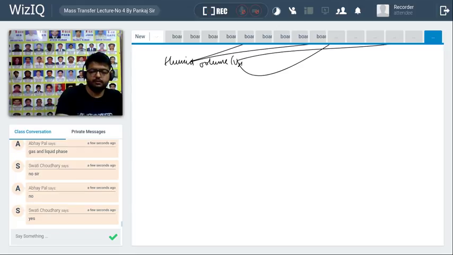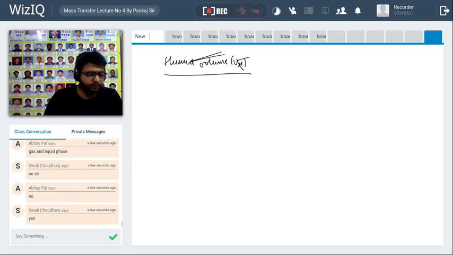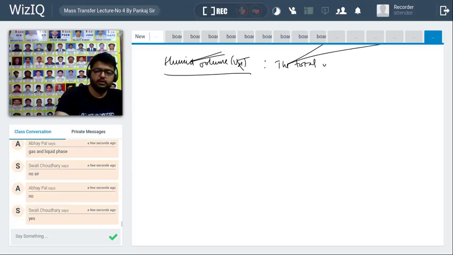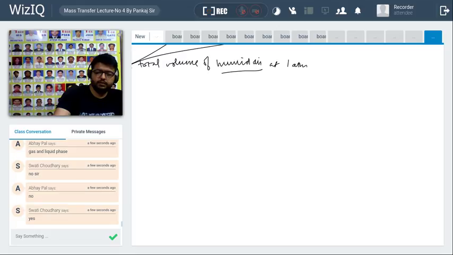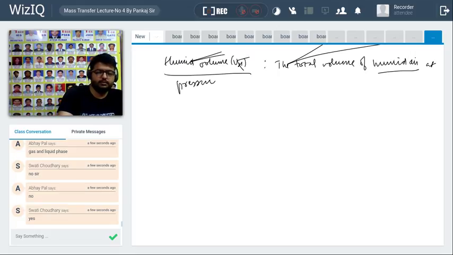Humid volume VH is the total volume of humid air, that is air plus water vapors, at 1 atmospheric pressure and the gas temperature.